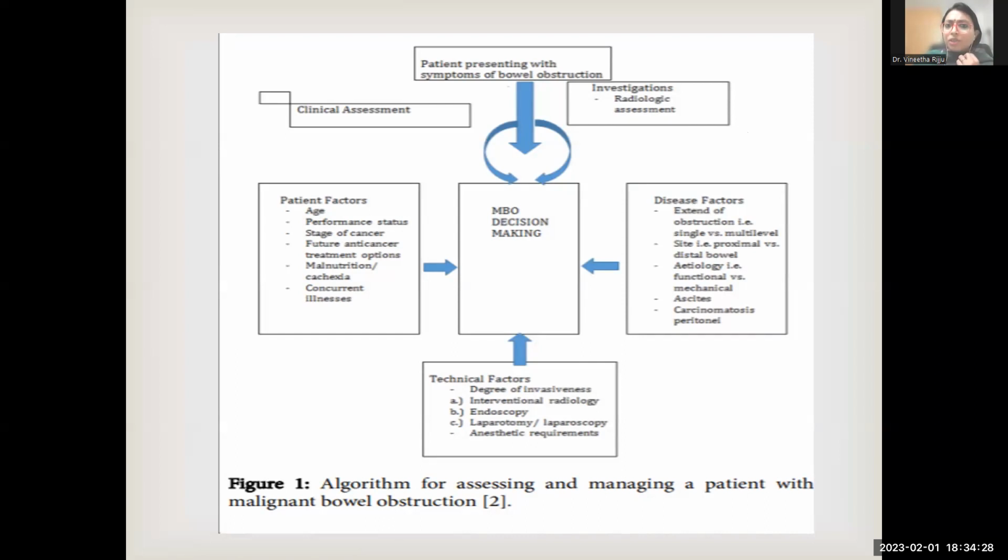So when you get a patient with symptoms of bowel obstruction, you do a clinical assessment. Like I said, clinical examination of the patient is mandatory. It gives you very important clues. So when you have a patient with intestinal obstruction, you are going to look for signs like any visible peristaltic waves, or you are going to hear loud bowel sounds, which are called Borborygmi.